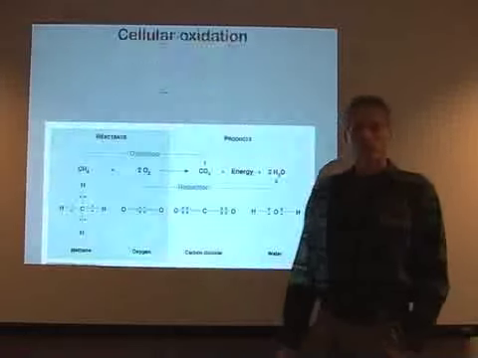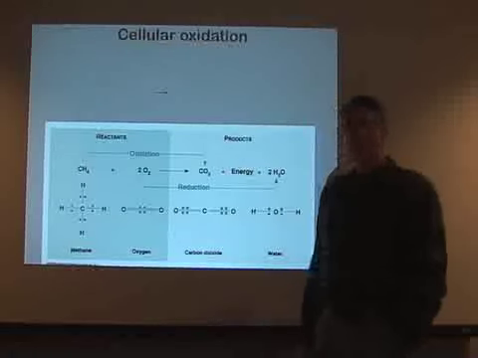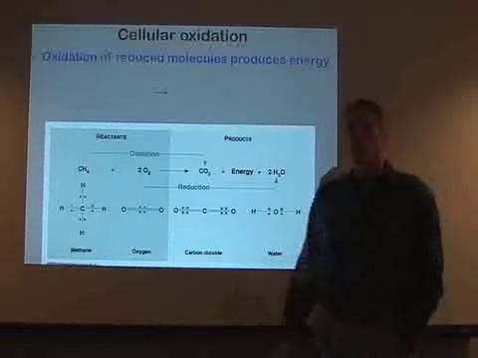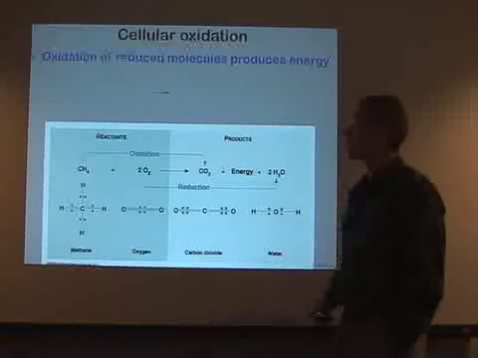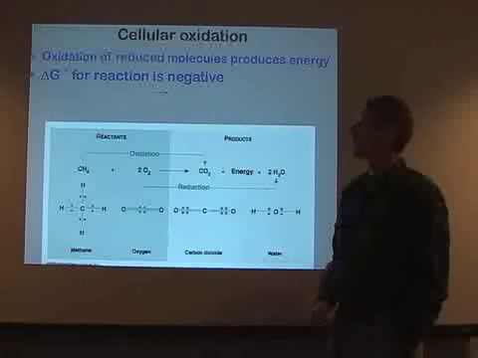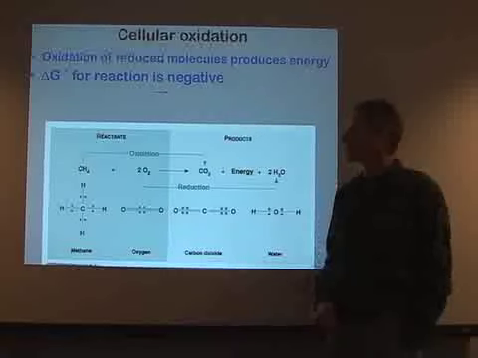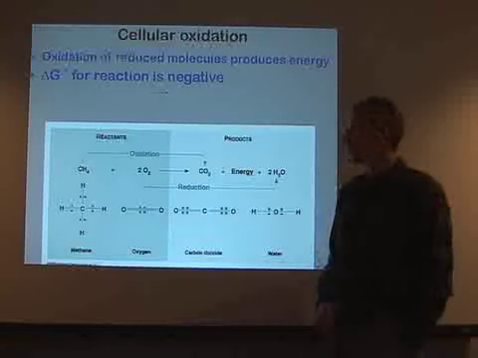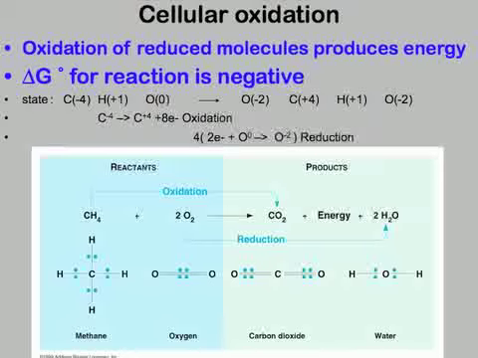So let's just review what oxygen does during oxidation. Oxygen is not the only thing that can oxidize things, but oxygen is greedy for electrons, and so it's a good example. It produces energy, and that means that the delta G for the reaction is negative, so it will go forward. Let's examine burning methane.